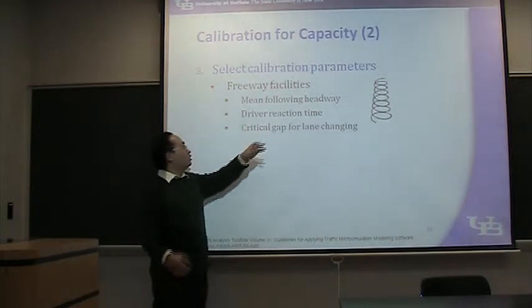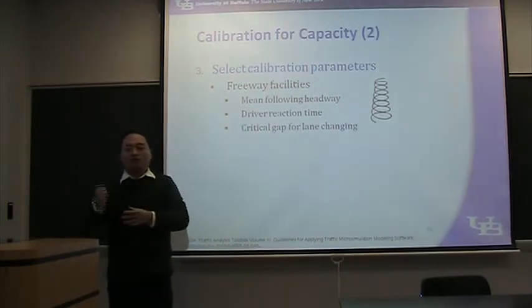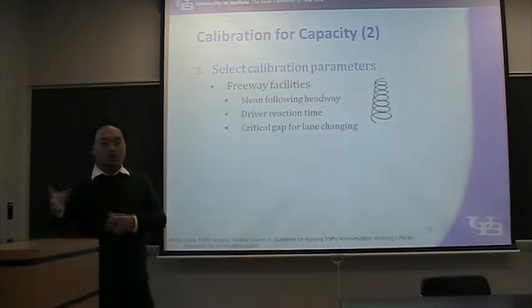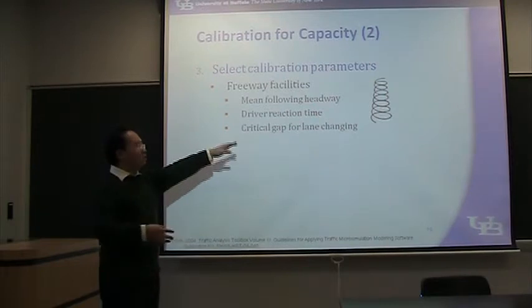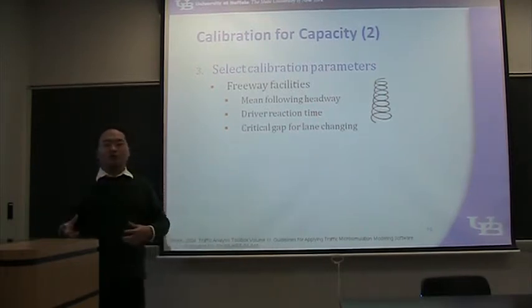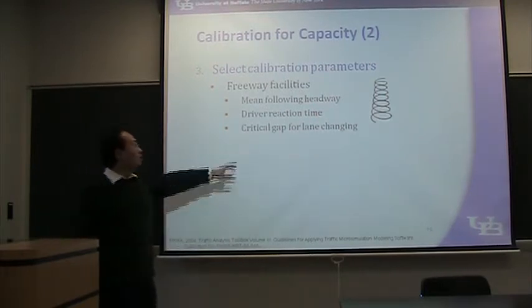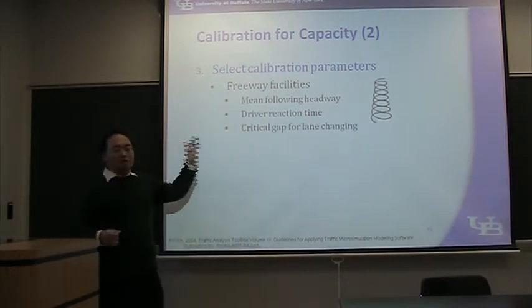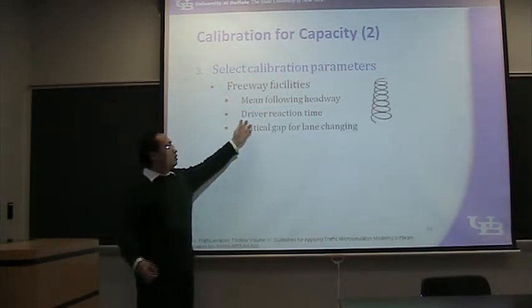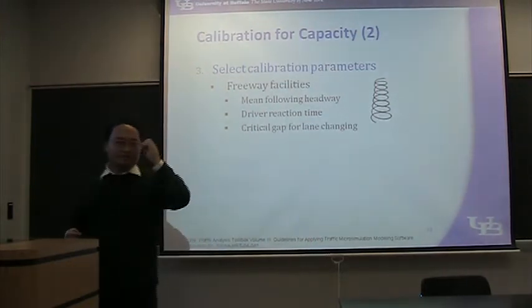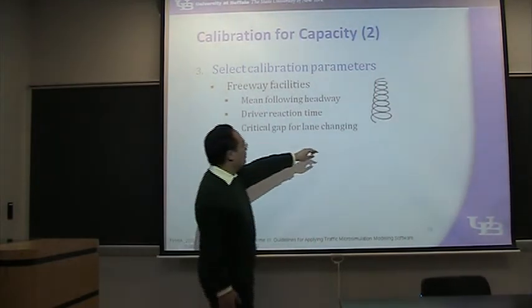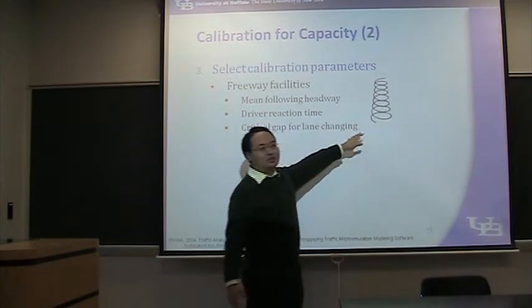But I can tell you the driver reaction time means when you see the vehicles ahead of you change their speed, after this reaction time, you will change your speed. Okay? Driver reaction time. So how do you think this parameter affects the capacity? Here I have a picture of a spring.